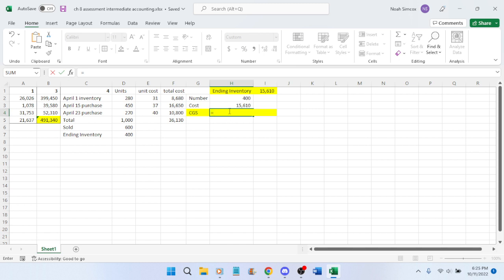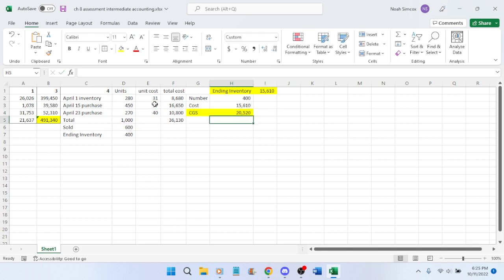They sold 600 units. Therefore, oh, I think I know what I did wrong. So, equals this times this plus number of units sold minus 280. I did that wrong. This is supposed to be this. There we go.